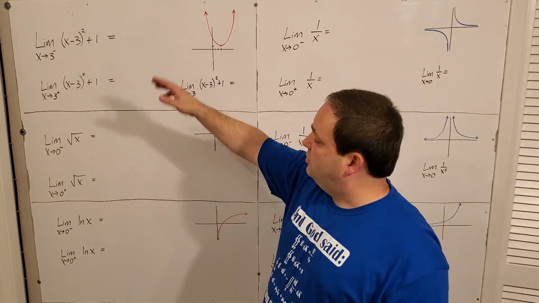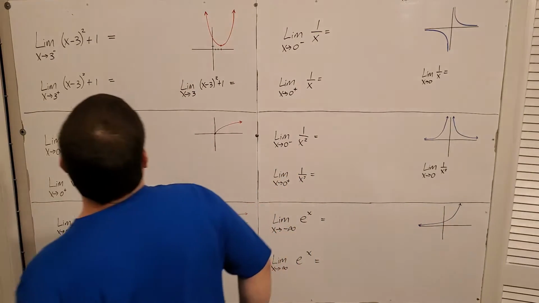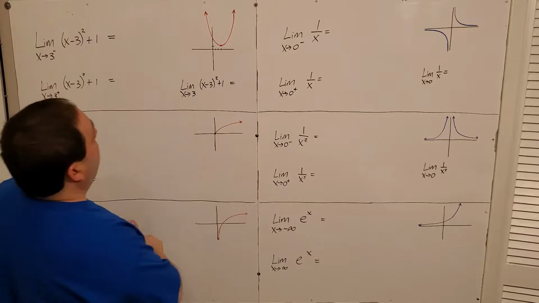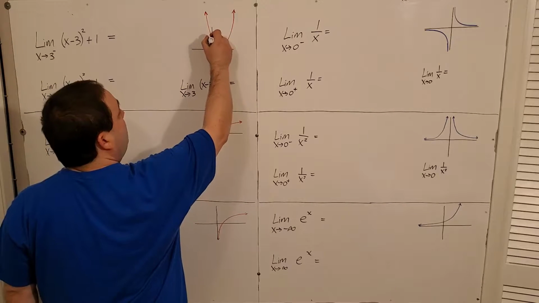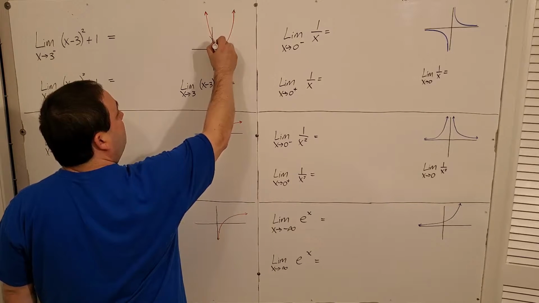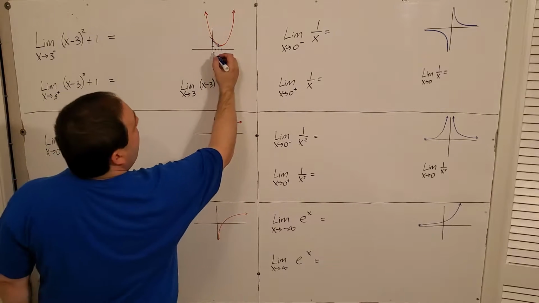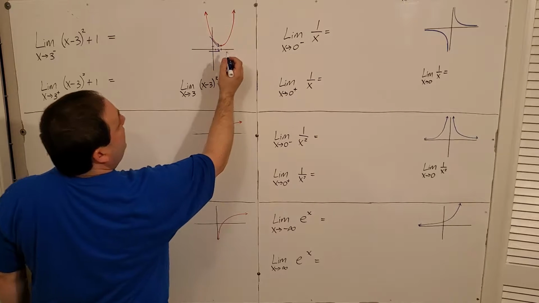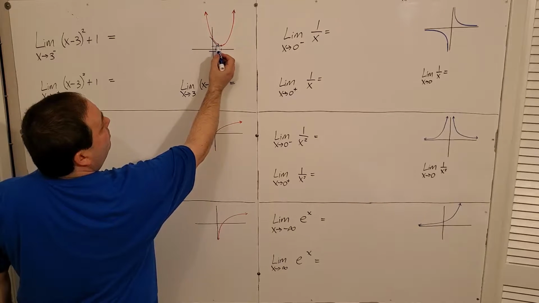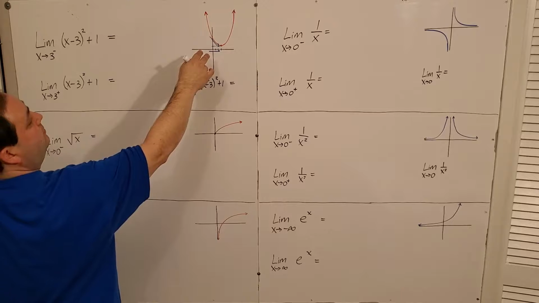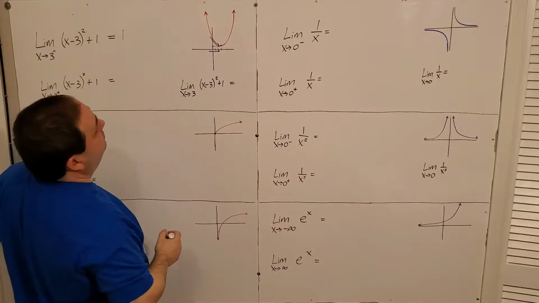Okay? So from the left-hand side, that's going to be this. Looks to me like as I let x move from the left, the y value is going to hit 1. So I put 1.